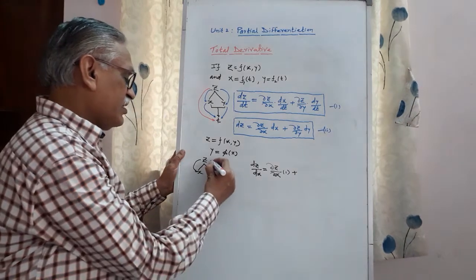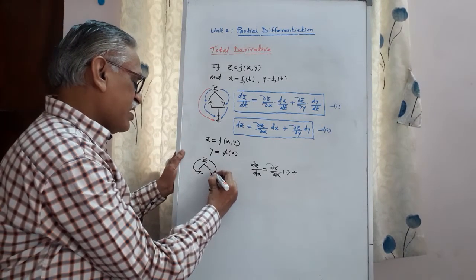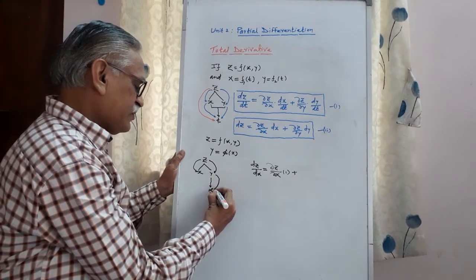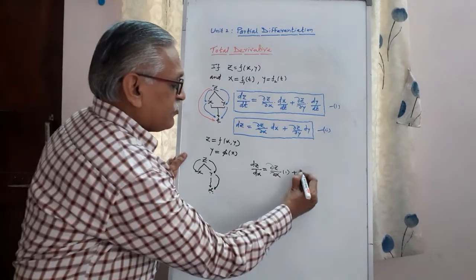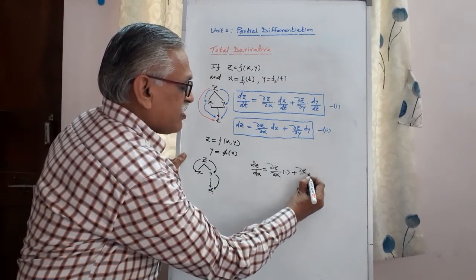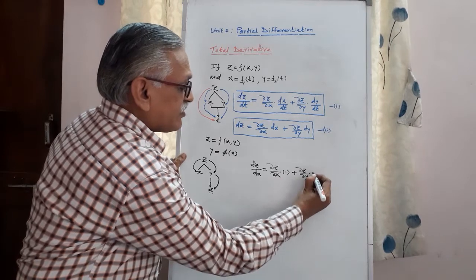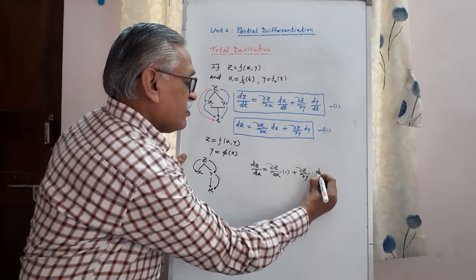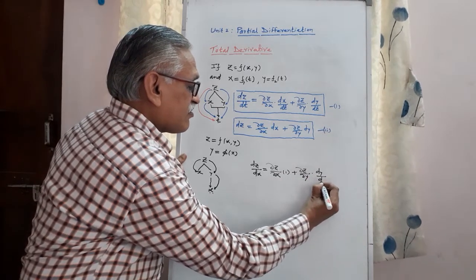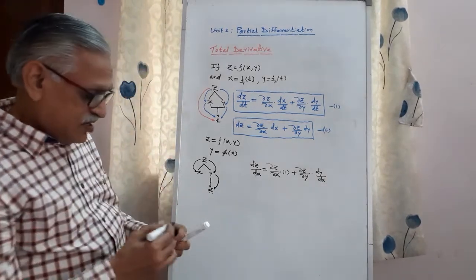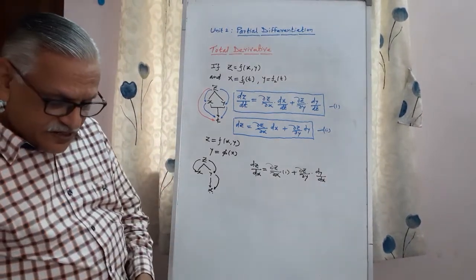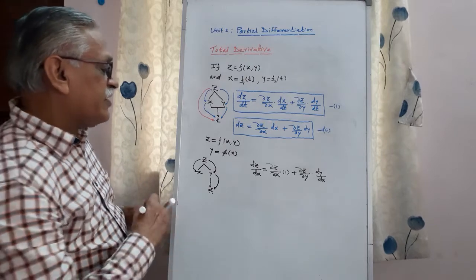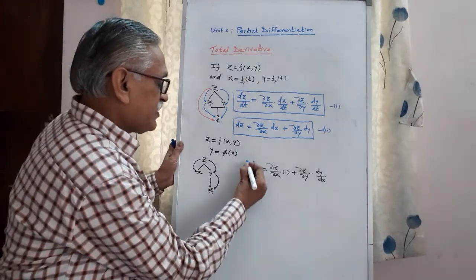Then differentiating z with respect to y and then y with respect to x. Therefore, it is dou z by dou y into dy by dx. Whatever this result, it is the total derivative of z with respect to x.